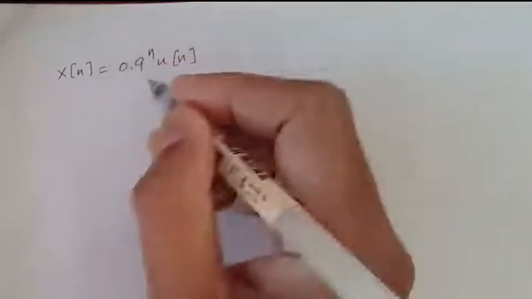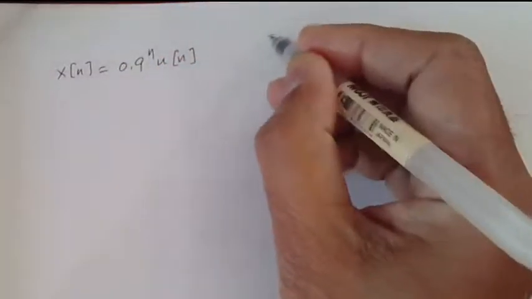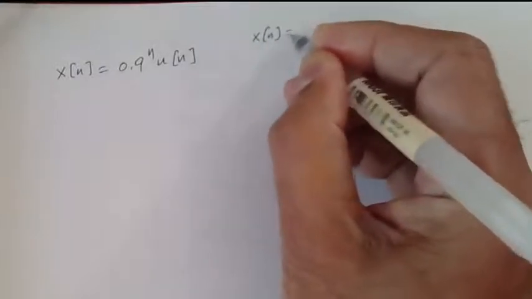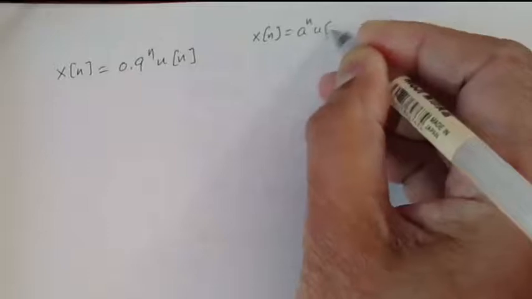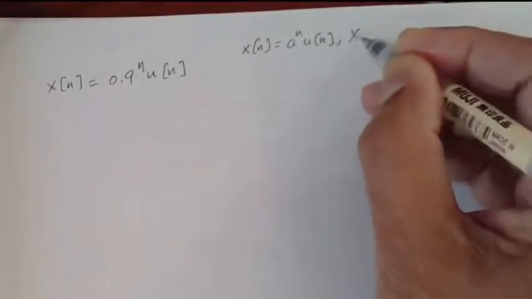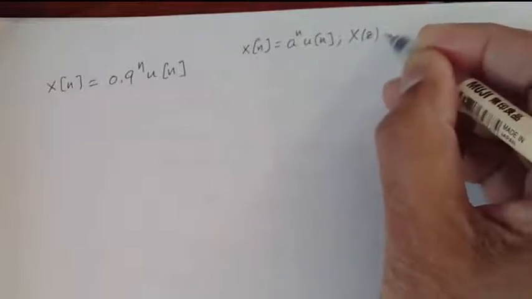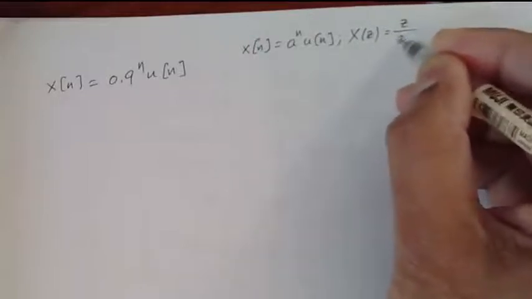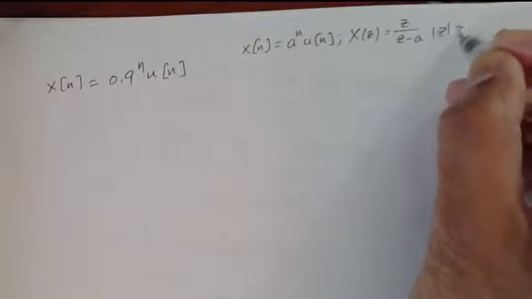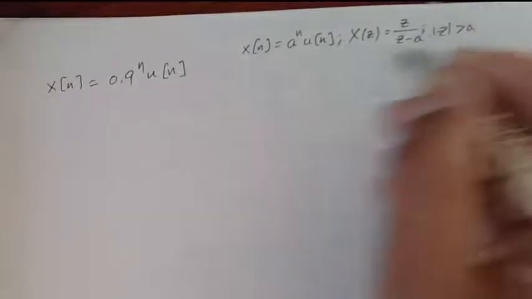So remember, here were our template z transforms. If x of n is equal to a to the n u of n, then X of z was equal to z over z minus a, magnitude of z greater than a, the region of convergence.